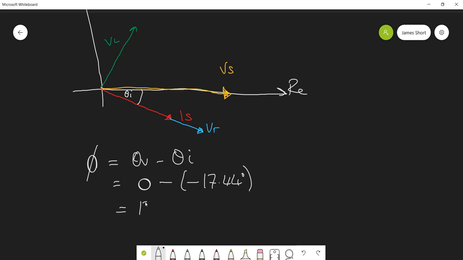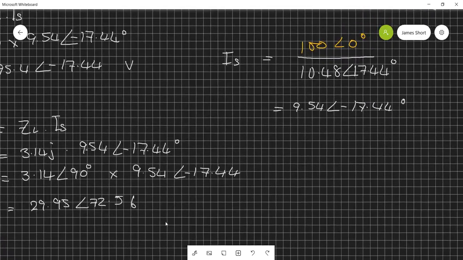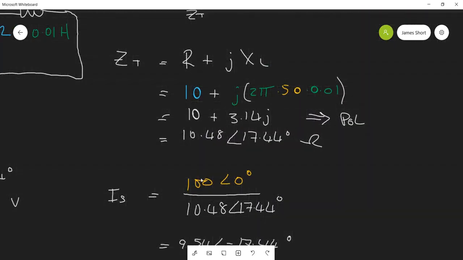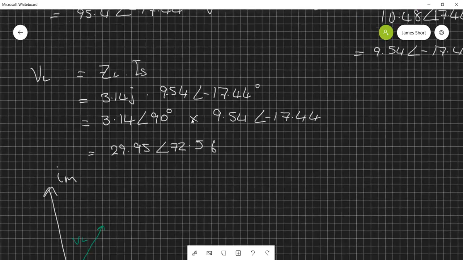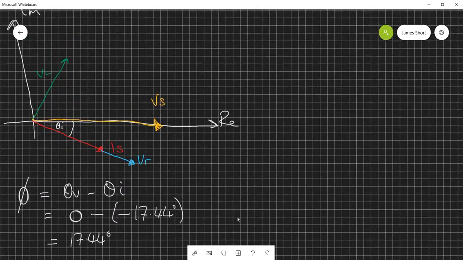And that's positive 17.44 degrees. We call that the impedance angle because when we calculate the total impedance, that is the angle there, positive 17.44. So there we go.